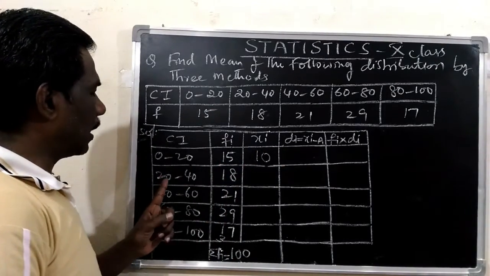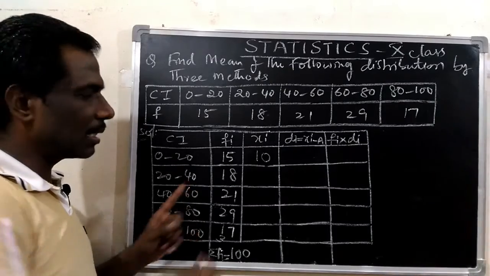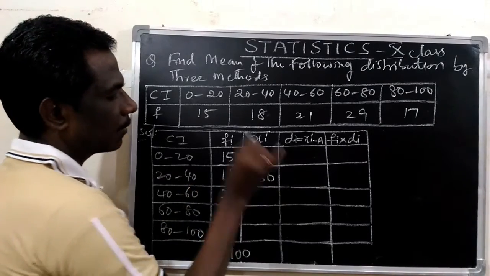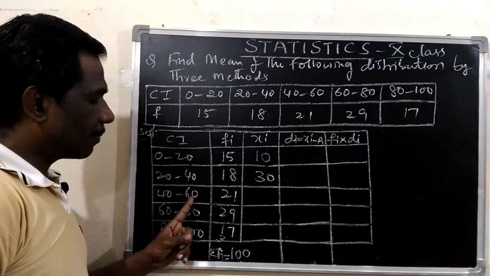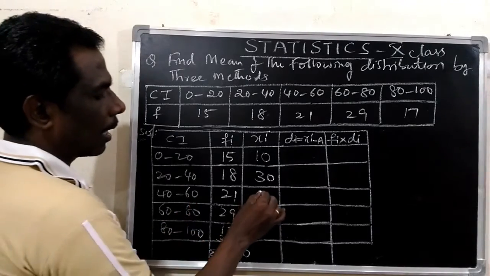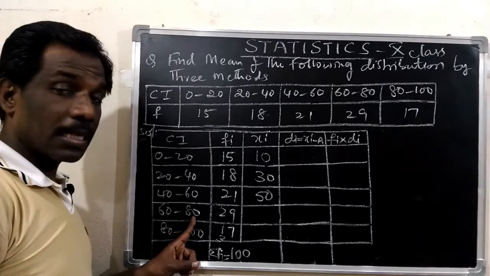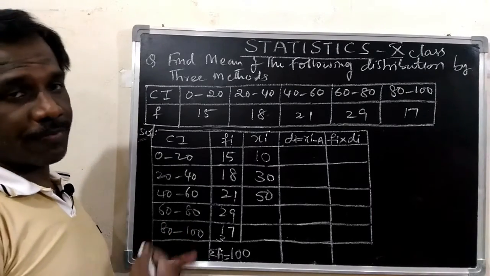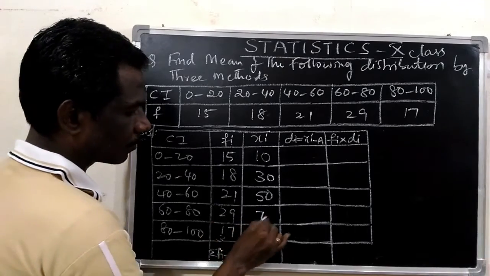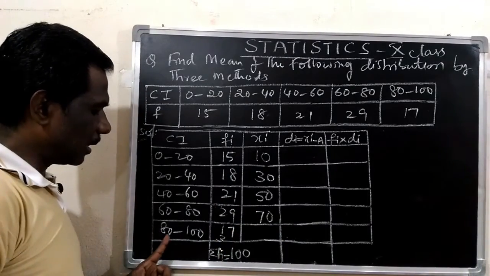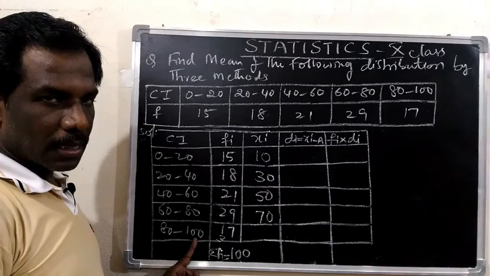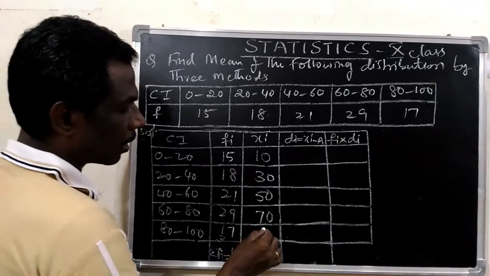Next, 20 plus 40 is 60, half of 60 is 30. 40 plus 60 is 100, half of 100 is 50. 60 plus 80 is 140, half of 140 is 70. Next, 80 plus 100 is 180, half of 180 is 90.